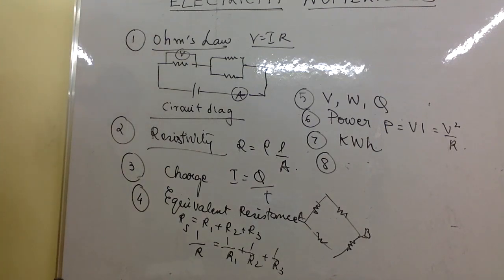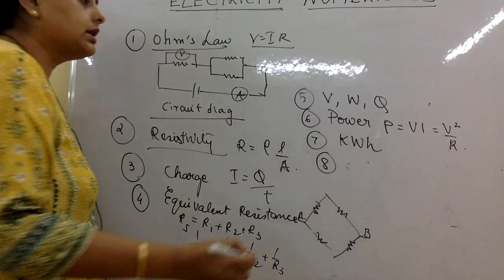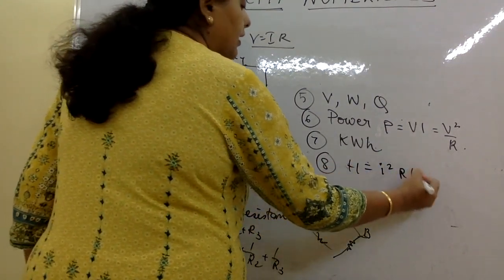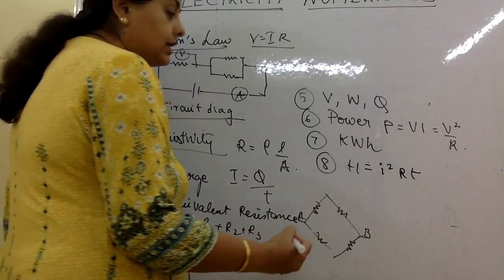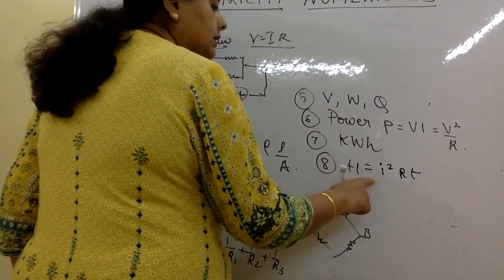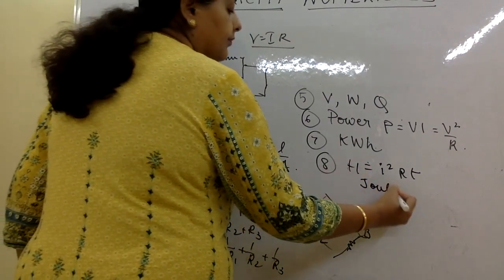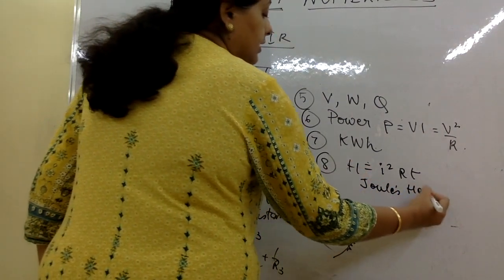And the eighth and the final type of question is sums based on H is equal to I square Rt. That is Joule's heating effect, right?